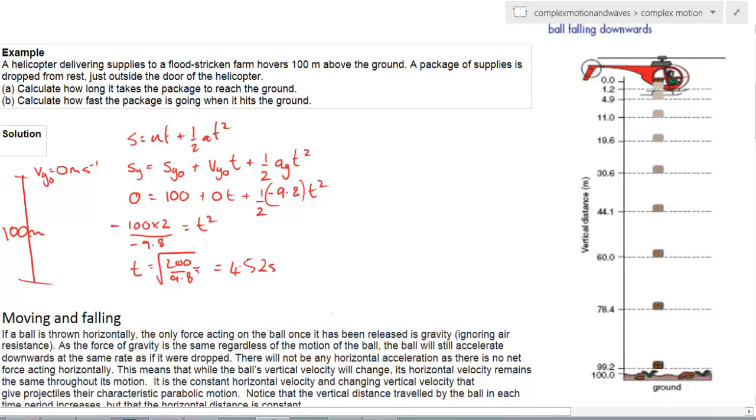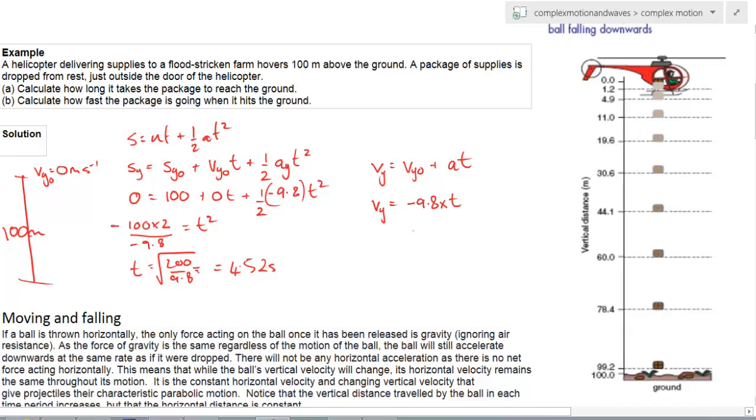And what's the velocity when it finishes? Well, let's look at it. We're going to use the derivative of this equation. So we're going to have Vy is equal to Vy0 plus a times t. So in this case, we want to find out what is that final velocity. Vy is equal to the initial velocity, which was 0, and it's just going to be the acceleration, which is minus 9.8 times t.